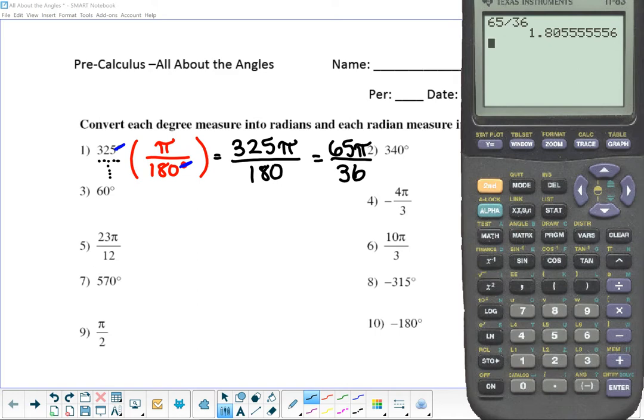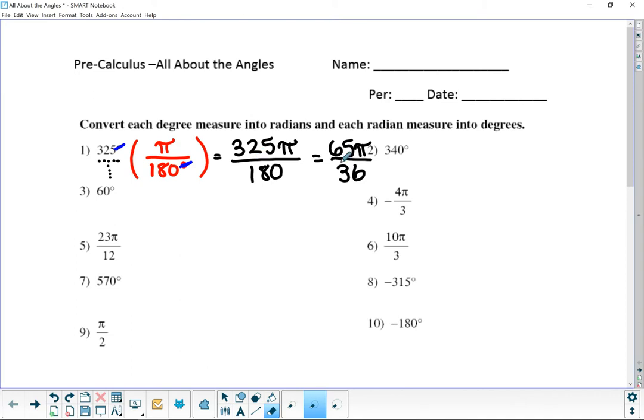Then I use the feature under the math button, the very first option, Option 1, where it says arrow fraction. I'm turning my decimal answer into a fraction. If I hit enter and it keeps it at 65 over 36, then I know this is my final answer: 65 over 36, times pi.